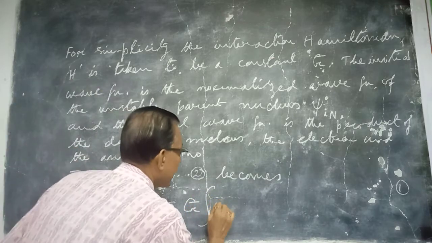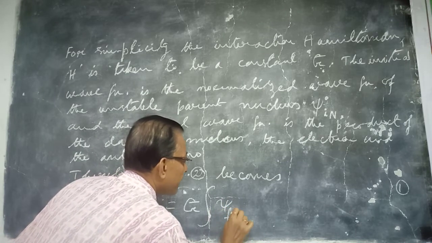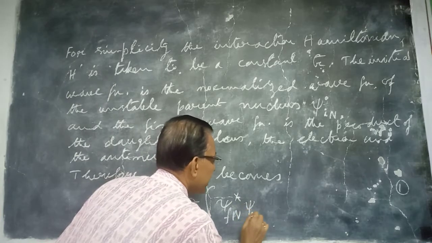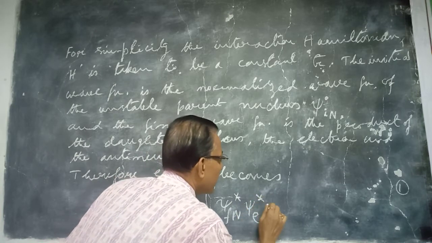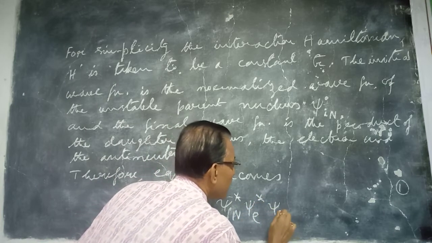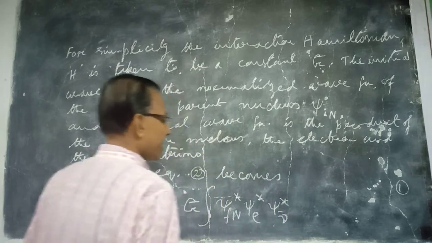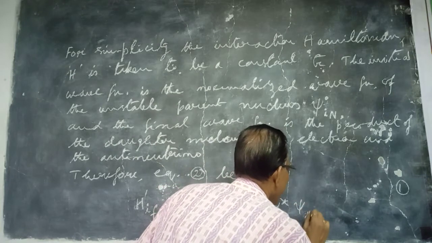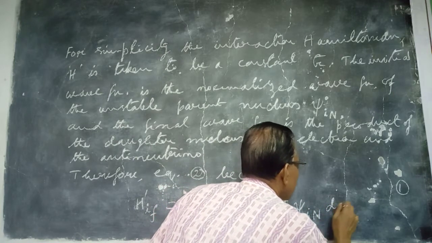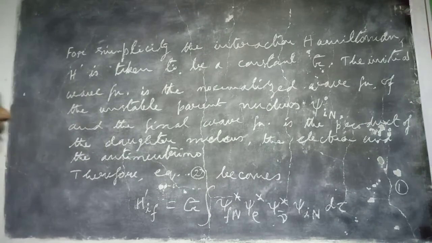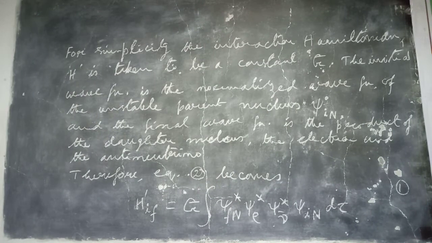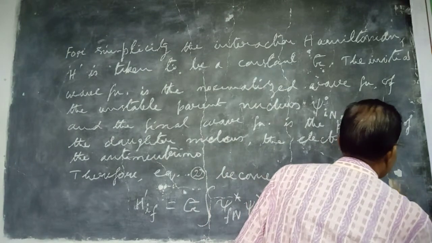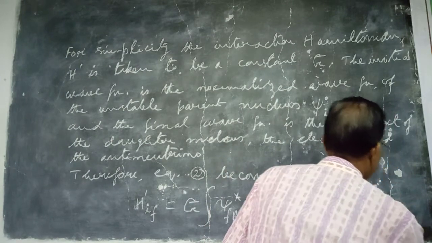Then you get psi Fn star, the daughter nuclear wave function, psi E, the electron wave function, psi nu bar, the antineutrino wave function, and the initial wave function psi In of the unstable parent nuclei. So this is the matrix element we have to calculate. Equation number 3.